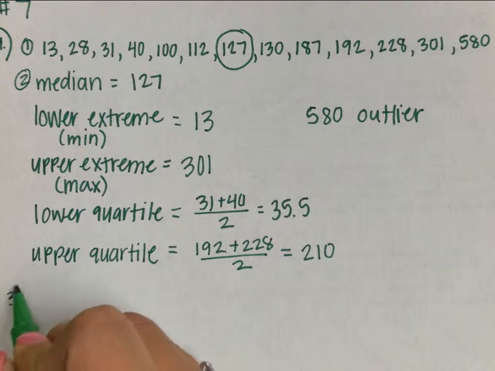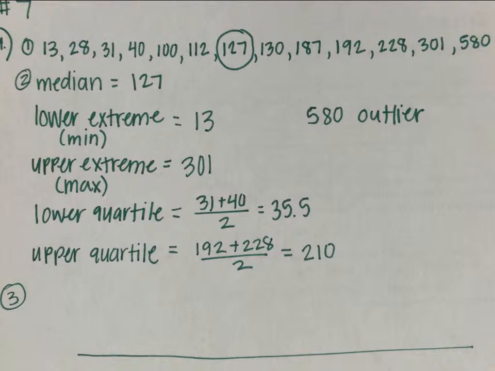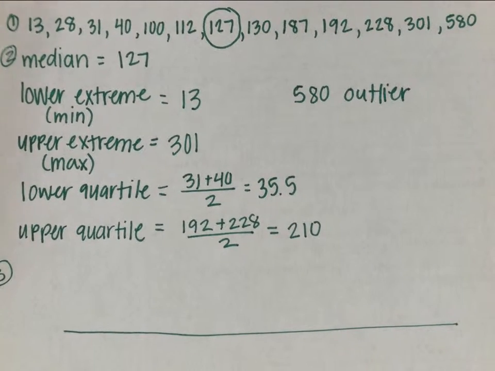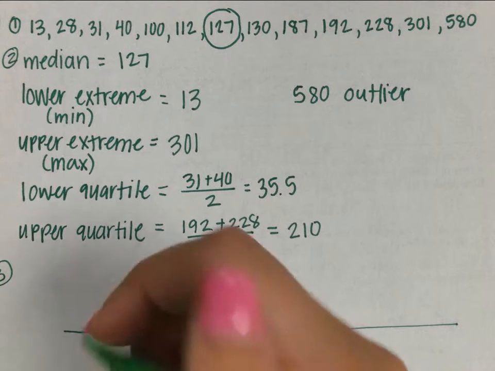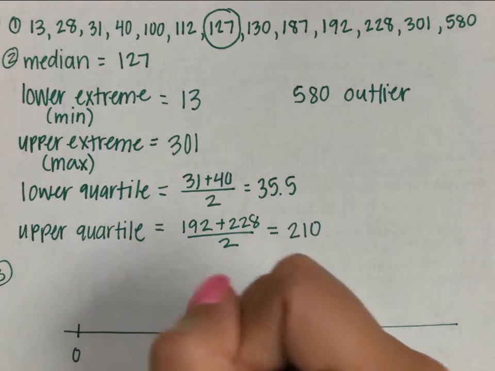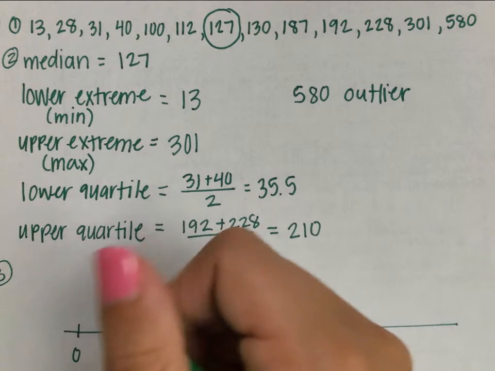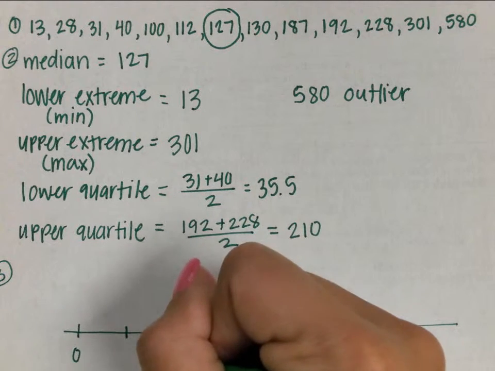So step 3 is going to be to actually draw the plot. Okay. Not a very straight line. So if I'm counting by 50s, I'm going to start at 0. And I'm just going to label my 100s.